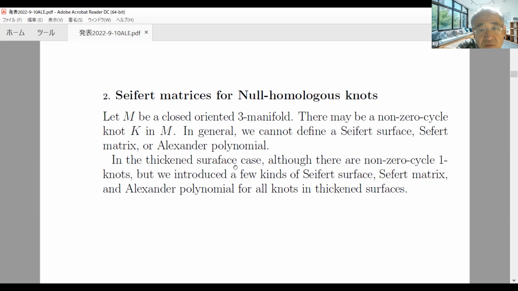In the thickened surface case, although there are non-zero cycle knots, we introduced a few kinds of Seifert surface, Seifert matrix, and Alexander polynomial for all knots in thickened surfaces. Even if knots are non-zero cycle knots, we can define Seifert surface and Seifert matrix.